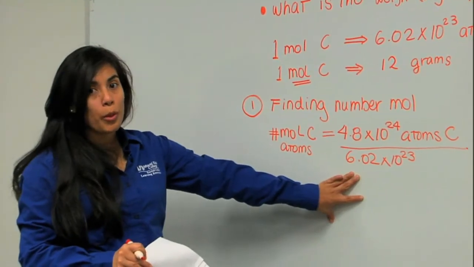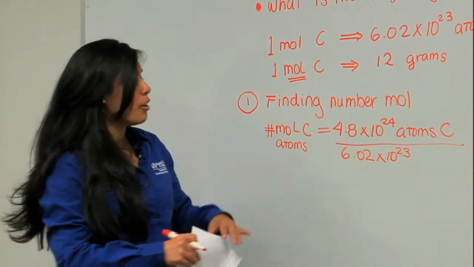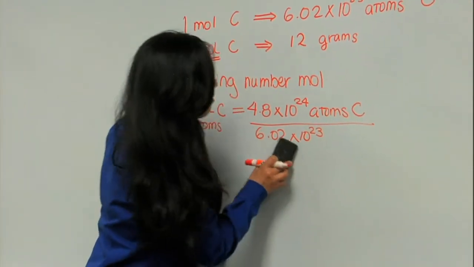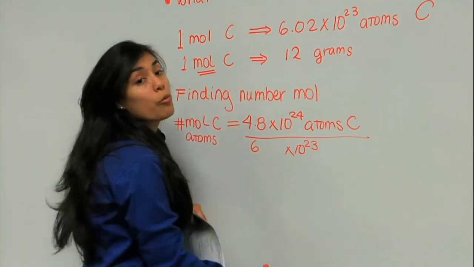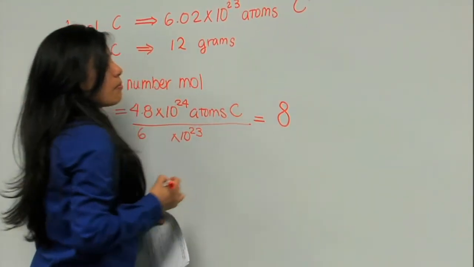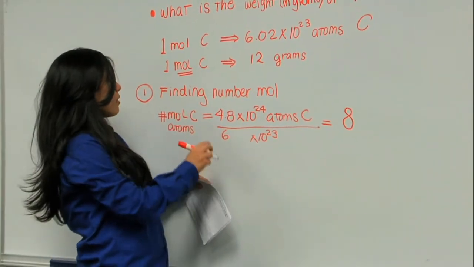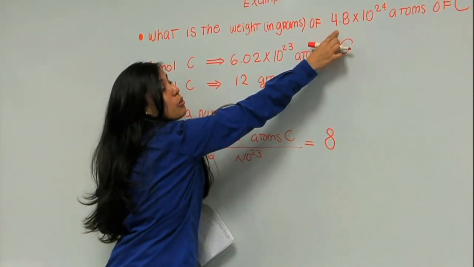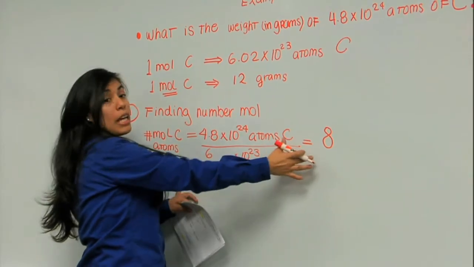Now, for practical purposes, when doing this in your calculator, just write down 6, okay? When doing that in your calculator, you will get 8. That means that the number of moles that they had already given you was actually 8.